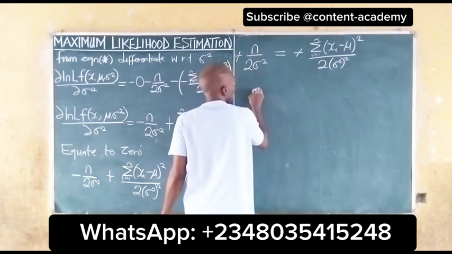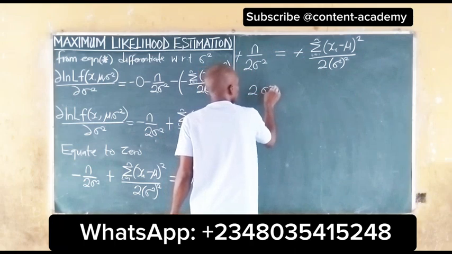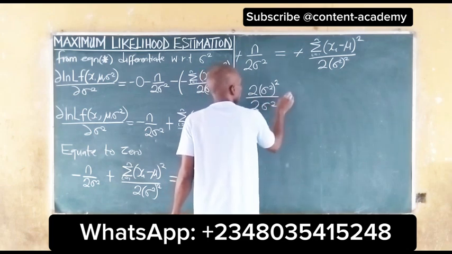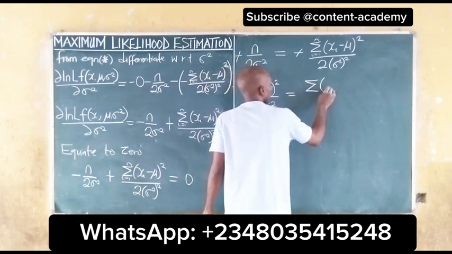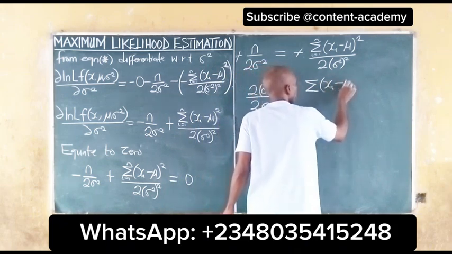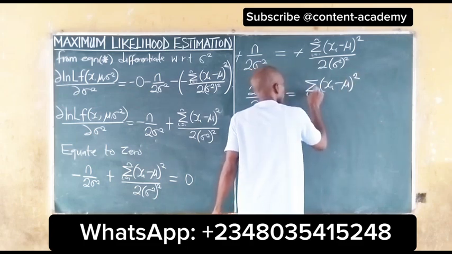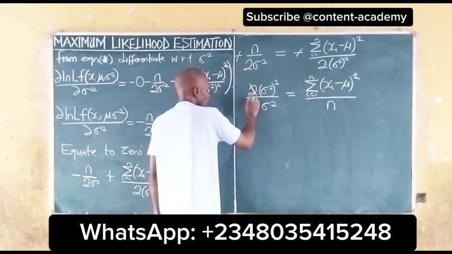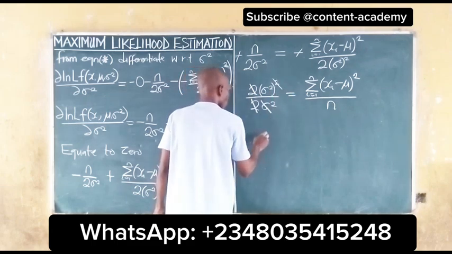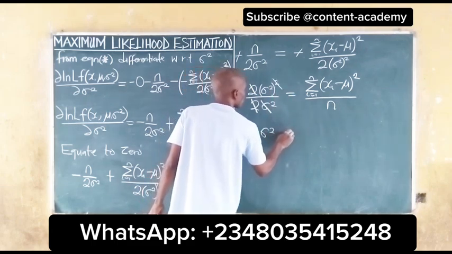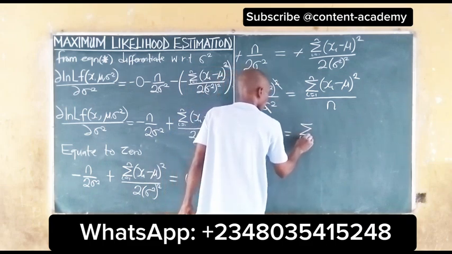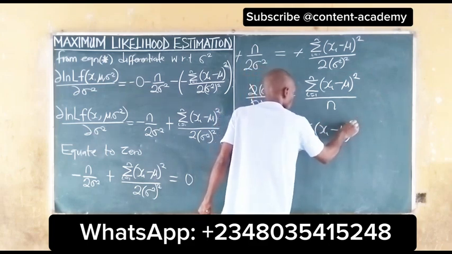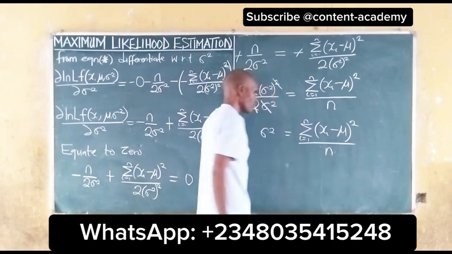This can move over to here to give us 2 sigma squared all over 2 sigma squared, summation of (xi minus mu) squared all over n. Now, the whole of this will cancel this. So we are left with sigma squared equal to summation, as i running from 1 to n, of (xi minus mu) squared all over n.